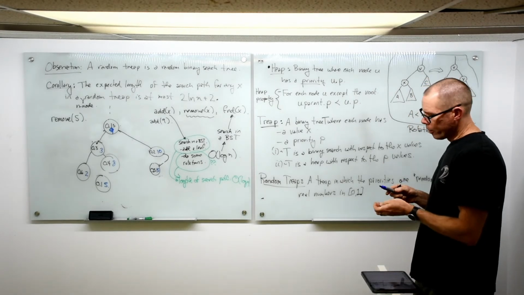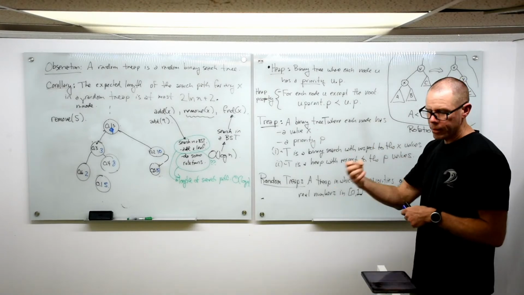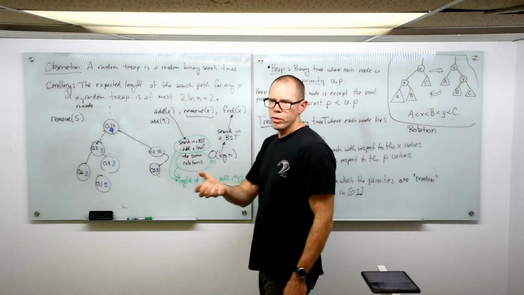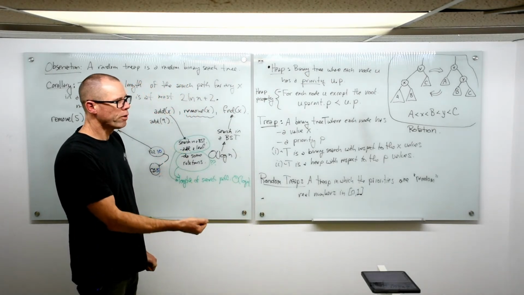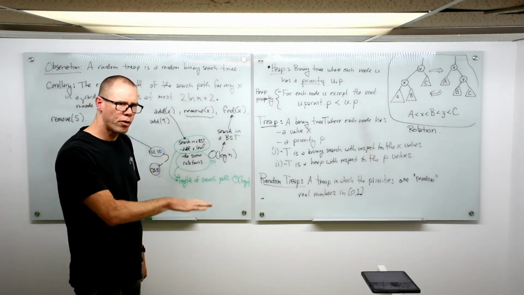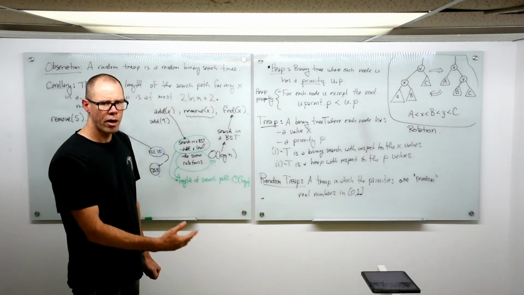So when you want to remove something, you find it. If it's a leaf, you just cut it away. Otherwise, you will do a series of rotations, each one making it further away from the root until it becomes a leaf, and then you can cut it away.